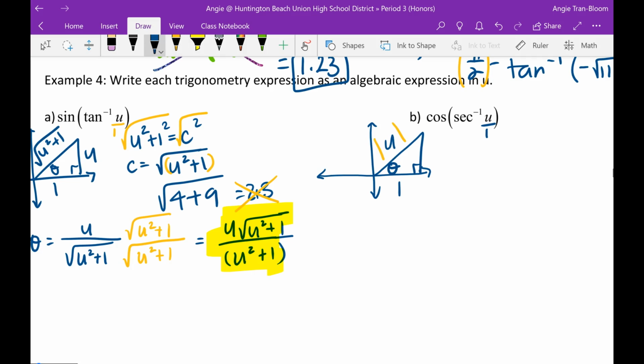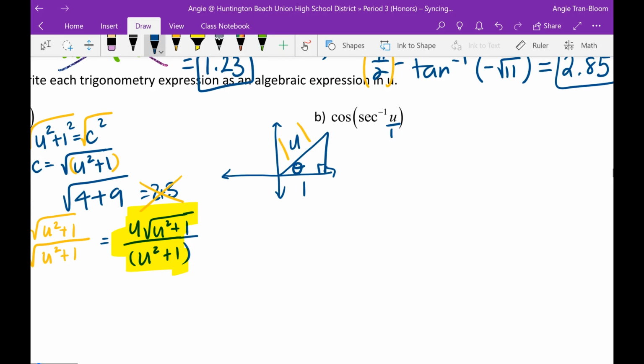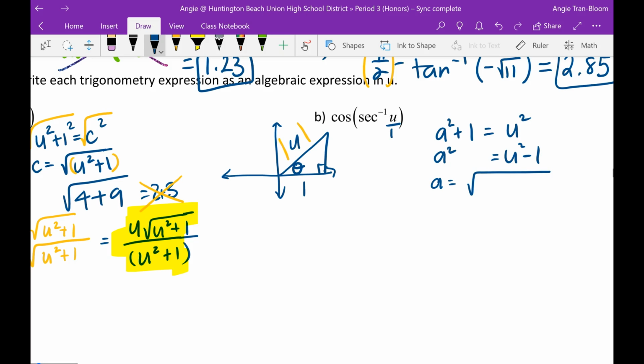Then I need to find the opposite. Can I use the Pythagorean Theorem again? Heck yeah. Then the unknown, a squared plus 1 squared equals u squared. Is that correct so far? Move the 1 over, so a squared equals u squared minus 1. Then a equals the square root of u squared minus 1.